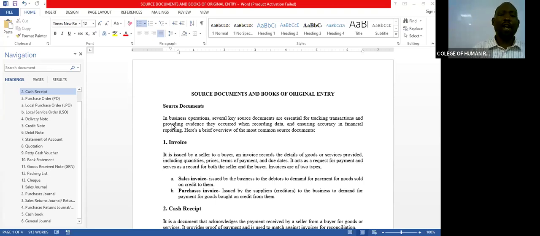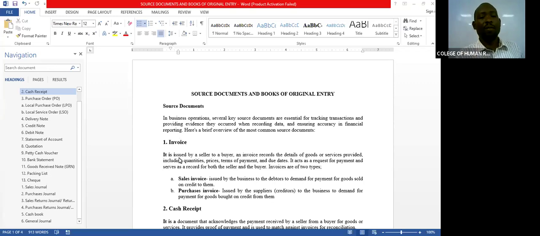They are used for tracking transactions, such that every transaction entered in the books of accounts has evidence that it actually occurred. These documents act as proof.